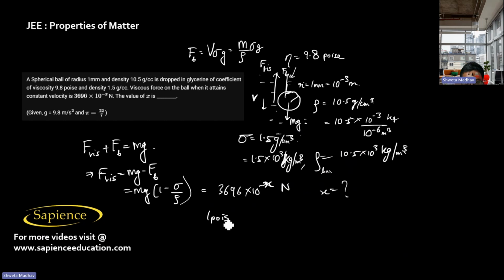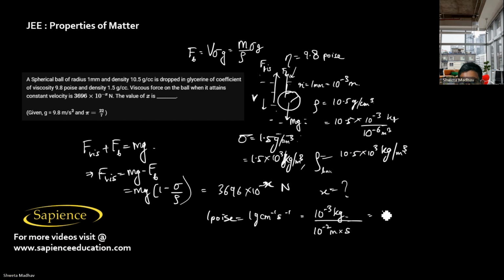Now one poise is the CGS unit of viscosity, which is equal to 1 gram per centimeter per second. So that will be equal to 10 power minus 3 kg divided by 10 power minus 2 meter into second.